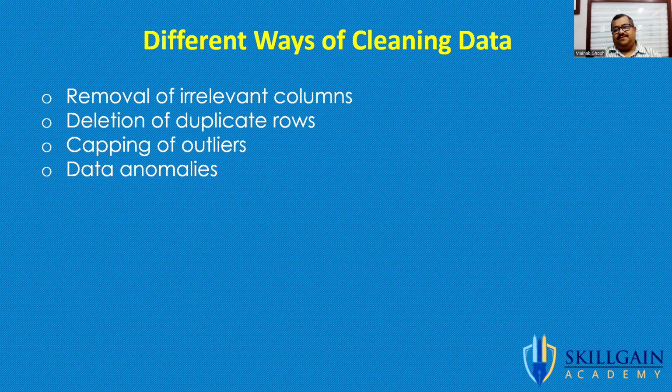Next is data anomalies. Data anomalies means, suppose there are characters instead of numerical entries, such as a question mark, hash mark, or star mark. These do not have any implication or any value. It is valueless. Sometimes, in the same column, suppose we are recording the gender of the individual, some are written as female, some as F, male, some as M. But basically, male and M, and female and F, are the same entries.